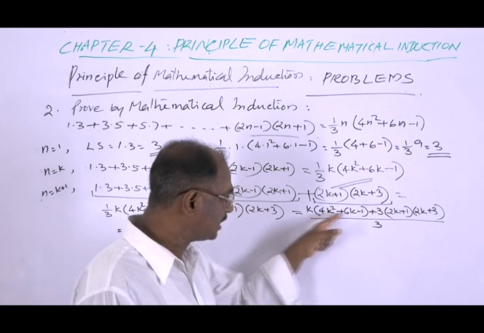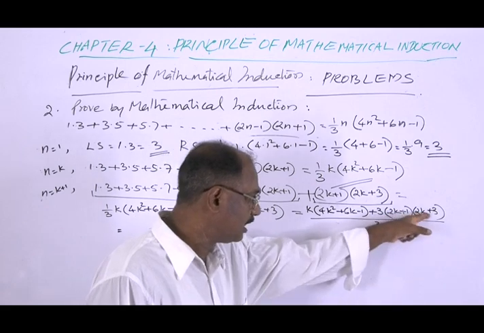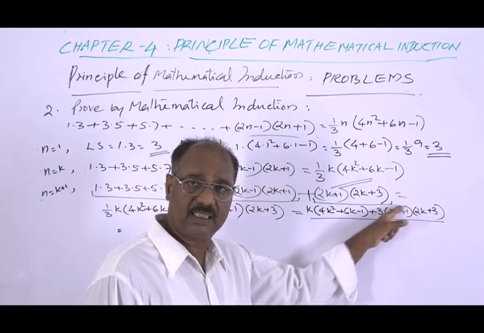So first we expand this. Multiply the first bracket with the k, and second, multiply the terms in the two brackets.